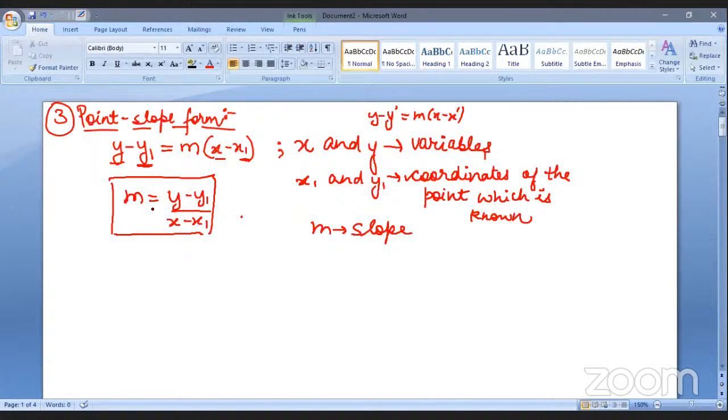We can definitely not get the exact equation, but we can find something. So this is the slope of a line.